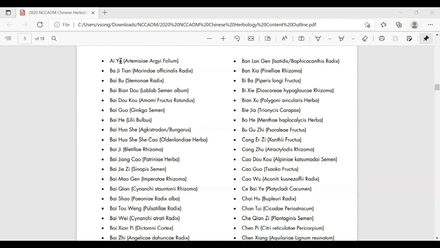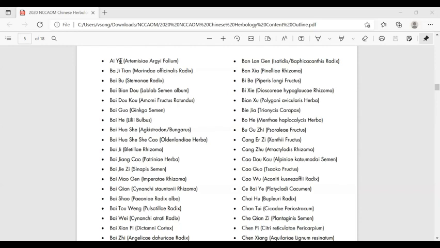The next herb, 巴戟天. Same thing, after we review the table of contents, we know that 巴戟天 comes from the tonifying category, under the tonify yang category.